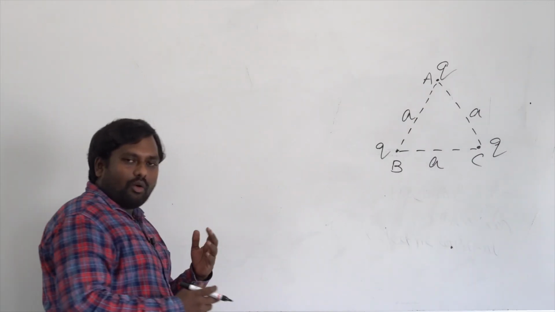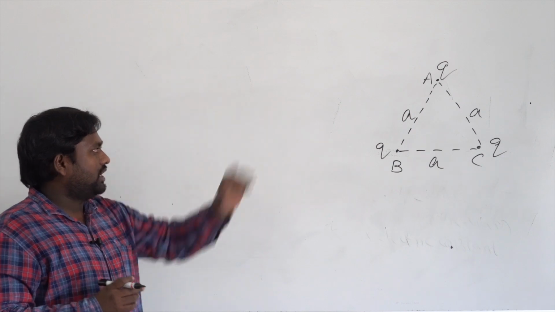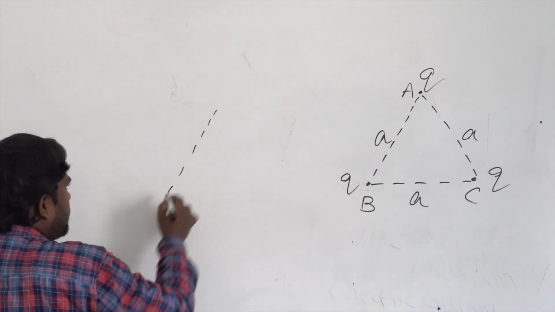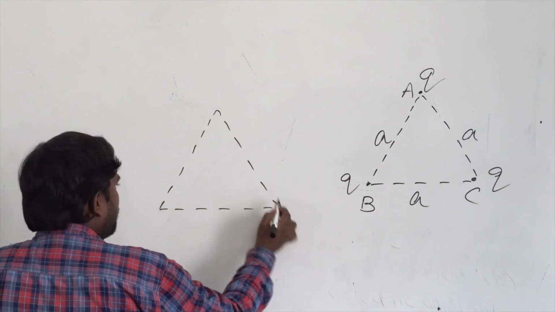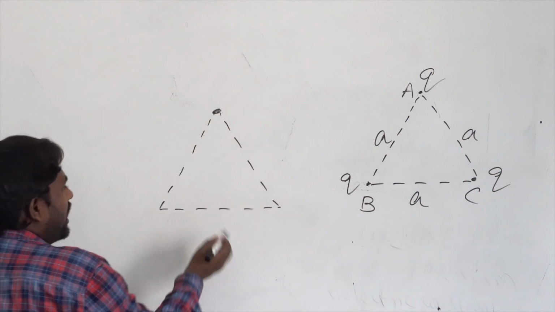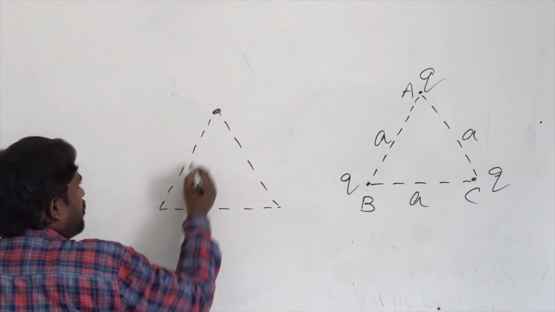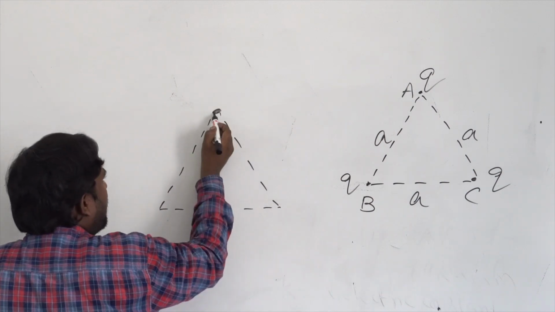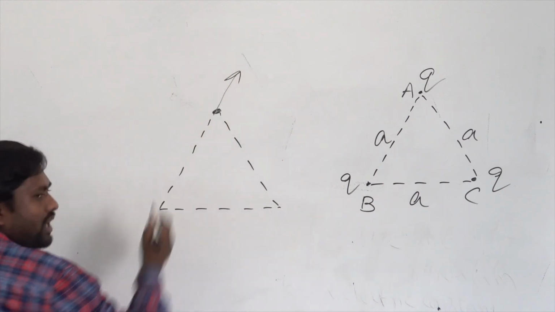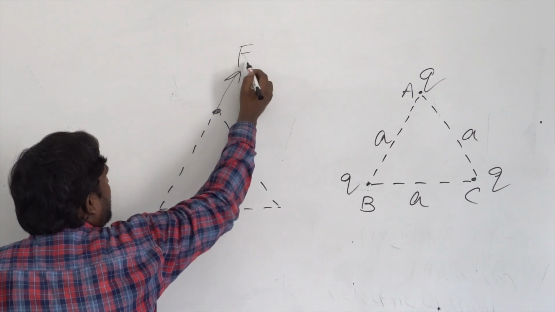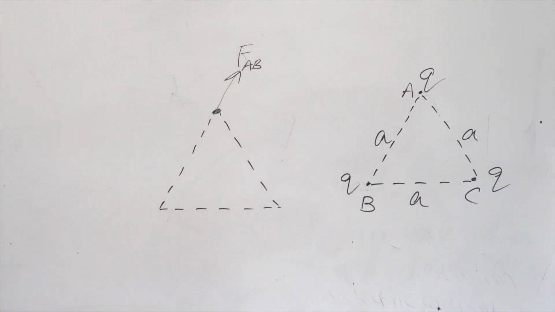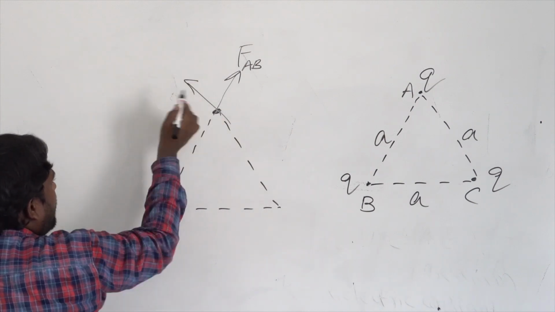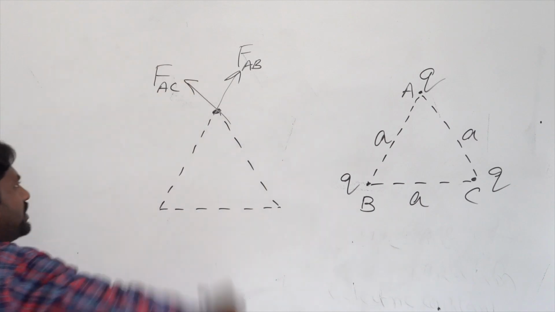Now we are going to see what is the resultant force acting on particle A by the particles B and C. For this, let us draw the triangle once again with the charge A. Charge B exerts the force in this direction because they are like charges, they repel each other, and the force on A is along the extension of this line. This is the force on A due to B. In the same way, C also exerts force on A in this direction. This is the direction of force on A due to C.